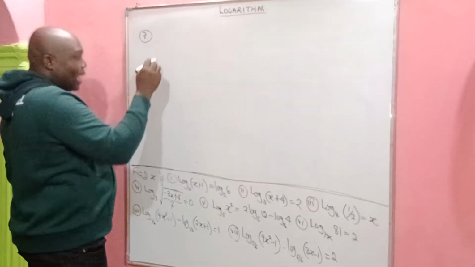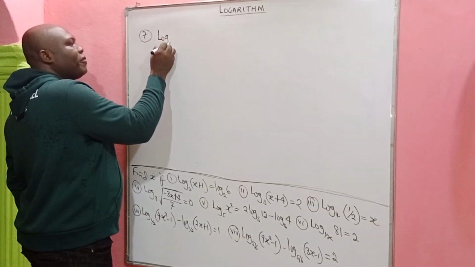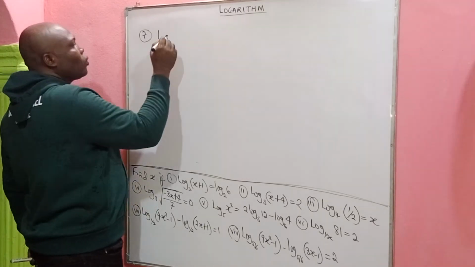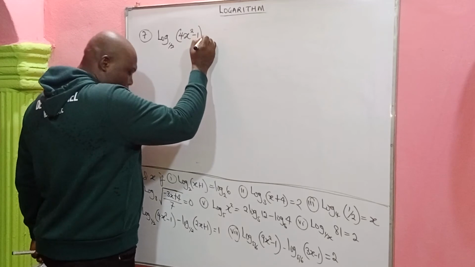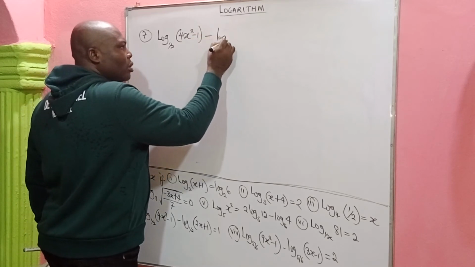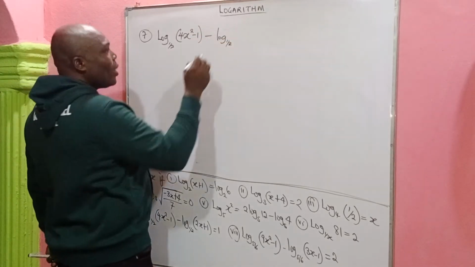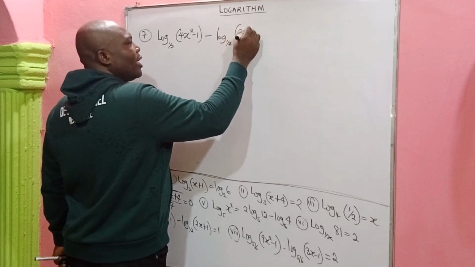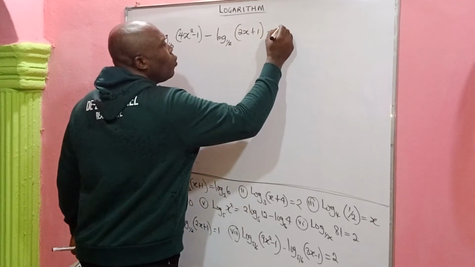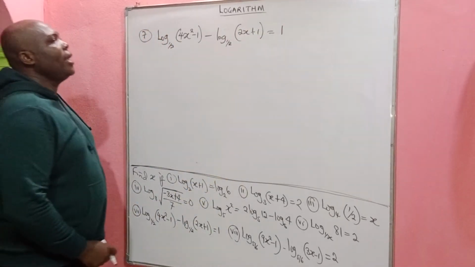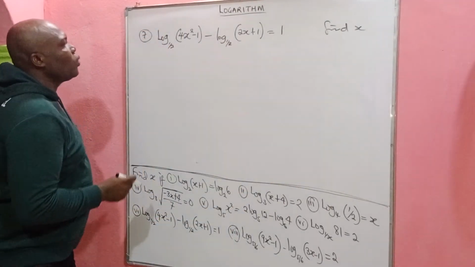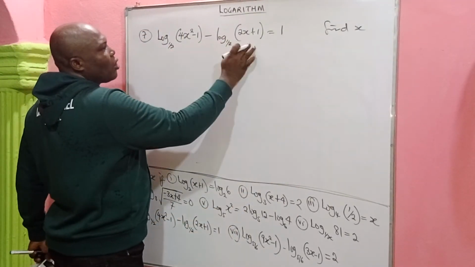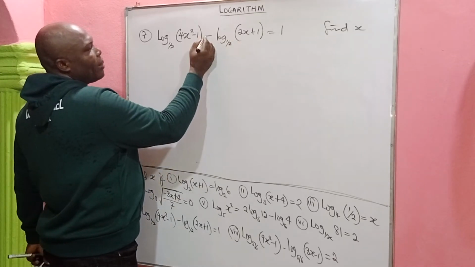We were told that log to the base of half of 4x squared minus 1, minus log to the base of half of 2x plus 1, is equal to 1. We are asked to find the value of x. Find x. Alright, so in this situation, we see that we have the second law because of the minus here.